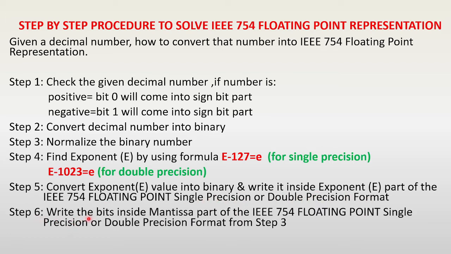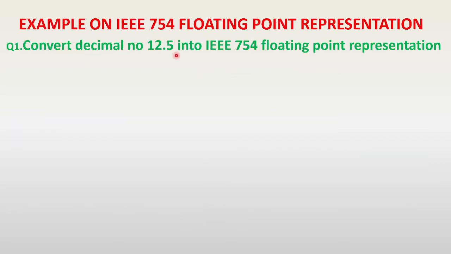Step 6 is to write the bits from step 3 inside the mantissa part. So using these 6 steps, we are going to solve one problem. The given decimal number is 12.5.